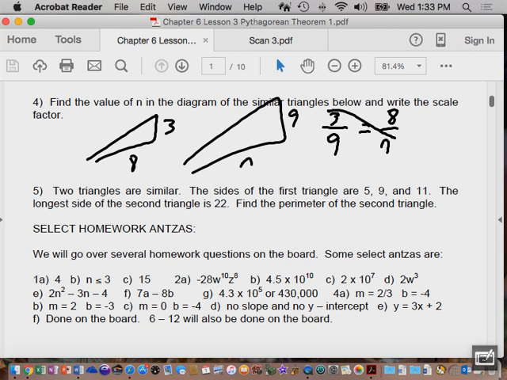I cross multiply. 3 times n is 3n. 9 times 8 is 72. Dividing by 3, n is 24. Wait, 24? 24 it is. Okay? Any questions? I got 4. 72 divided by 3 is 24.